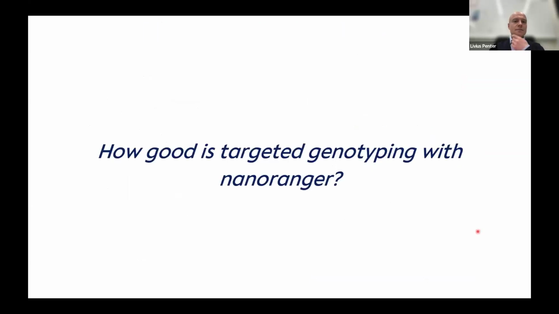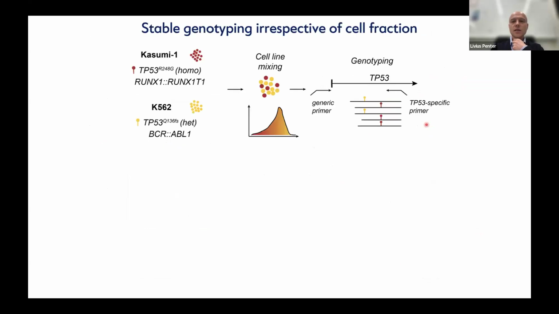Before I come to an end, I want to talk a little bit about how good targeted genotyping with NanoRanger is. This is probably an important limitation and something you have to be aware of when you do these experiments. So here we mixed 2 different AML cell lines that both had a TP53 mutation, and we looked at the TP53 mutations in the mix.